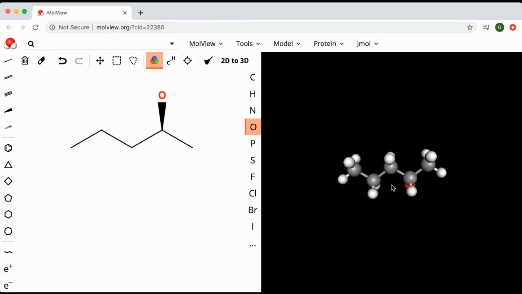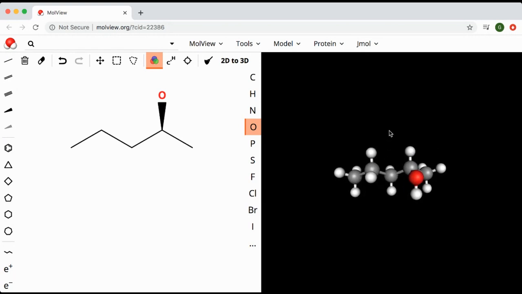Now, I'm going to flip the molecule 180 degrees. So this is a vertical flipping, and you can flip the molecules vertically up or down, it doesn't matter. So you can see now by this 180 degrees vertical flip, the hydroxyl group is now coming toward you.